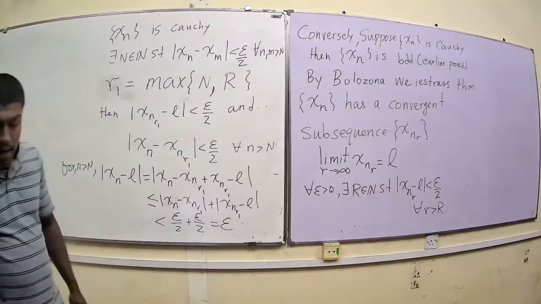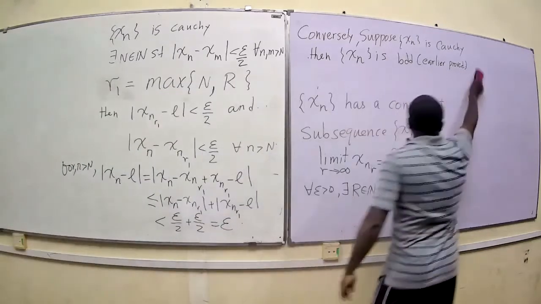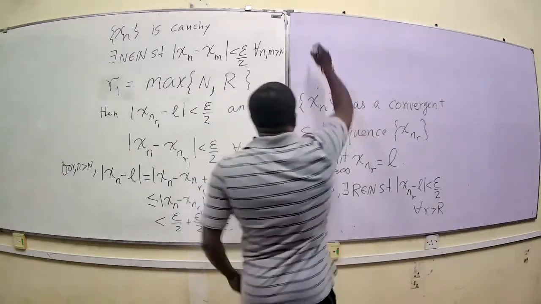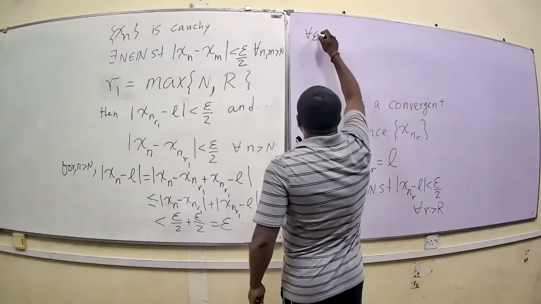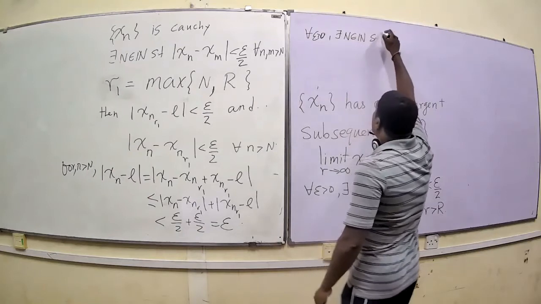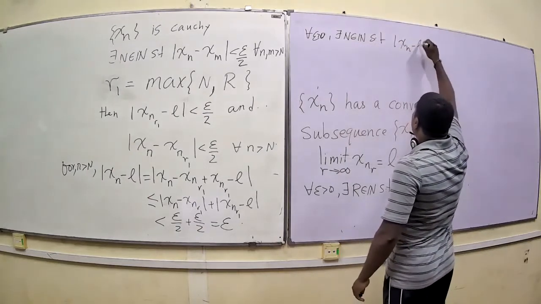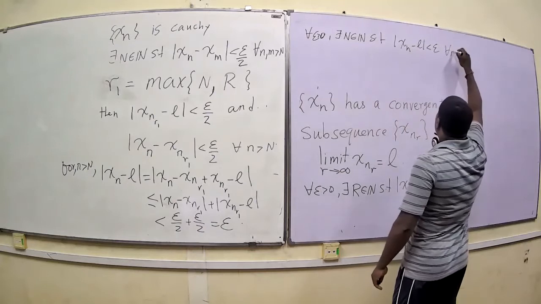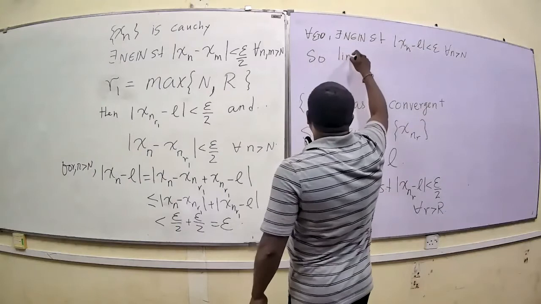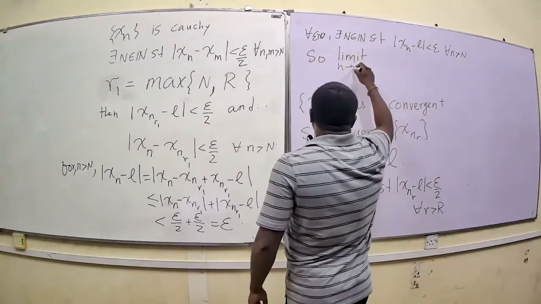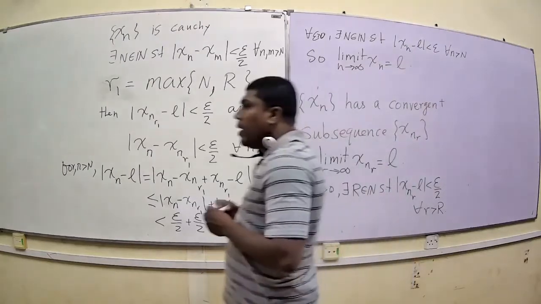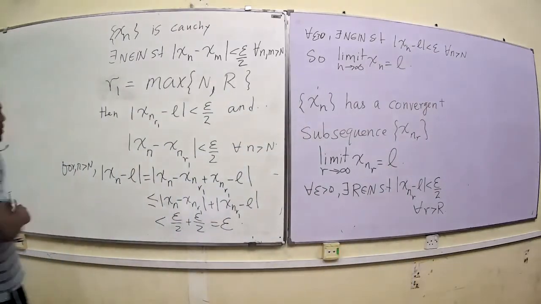So I can just write the final word here. So the limit as n goes to infinity of xn is equal to L. So that is the definition for convergent.